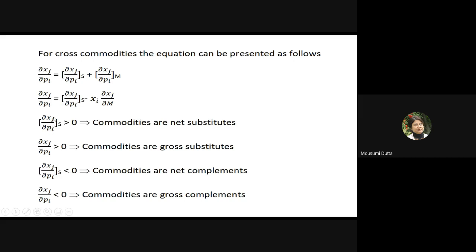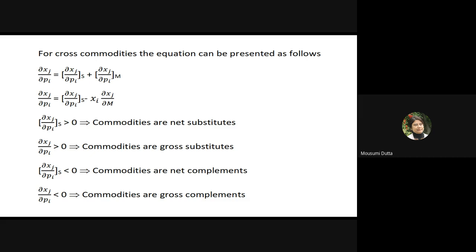Change in demand for x1 due to change in price of the second commodity, x2. Now this is greater than 0, which indicates that as the price of x2 falls, the quantity demanded for the first commodity is also falling.